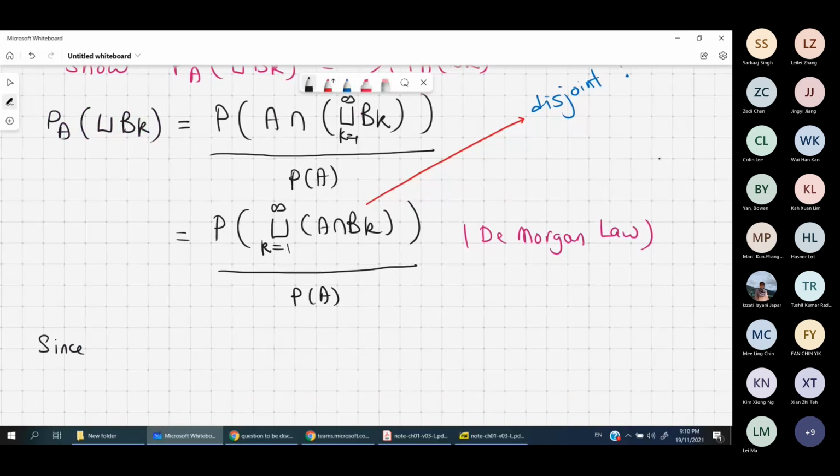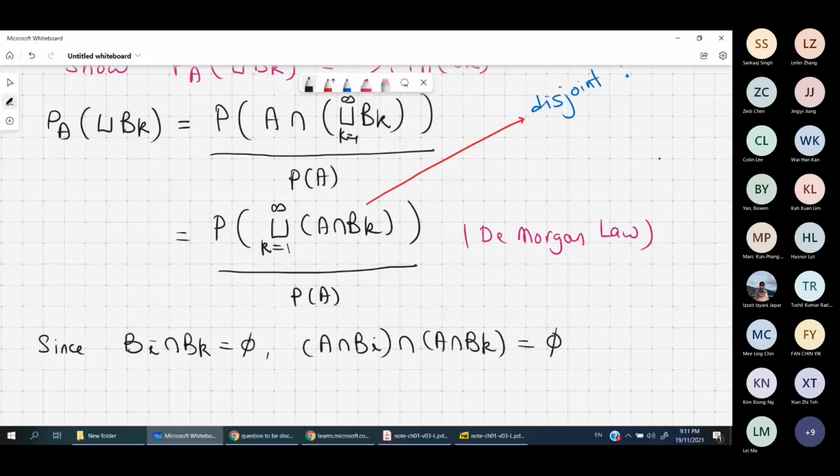Since B_i and B_k are the empty set because they are disjoint, A and B_i and A and B_k must also be disjoint, because this is actually smaller than this. This is smaller than 0, right? So then we got it.